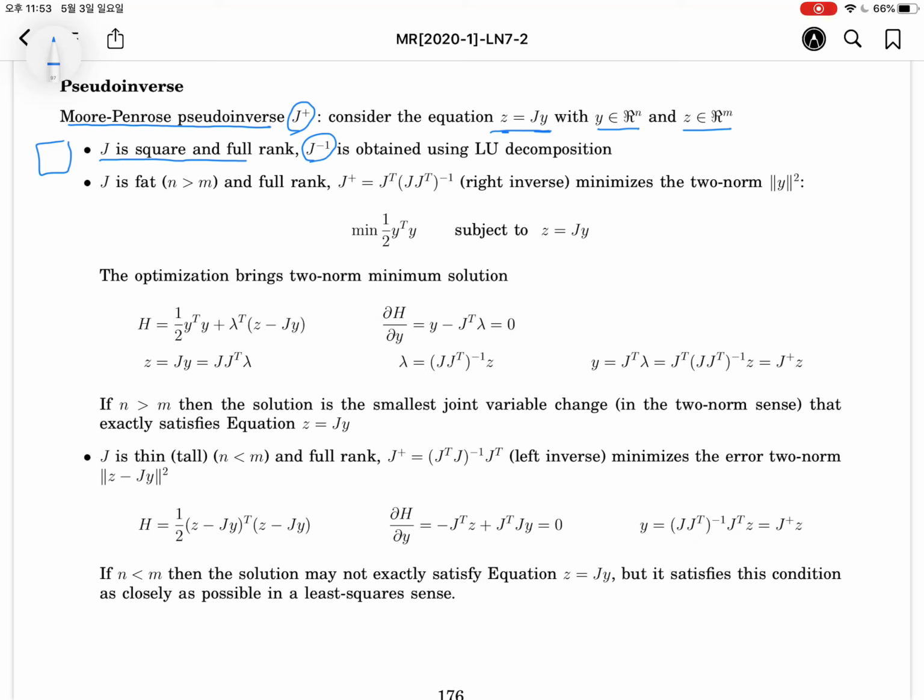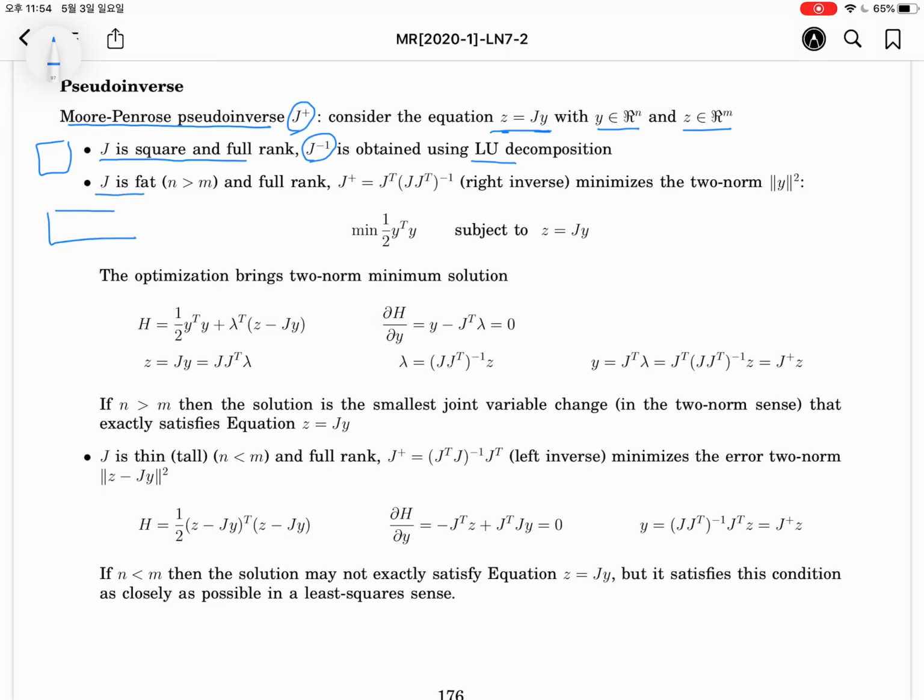The J inverse is obtained by many kinds of methods, but the effective method is the LU decomposition. LU decomposition is very computationally efficient, so if you can choose the inverse method, LU decomposition is recommended to reduce the computational time. Anyway, LU decomposition can be used to determine the inverse matrix.